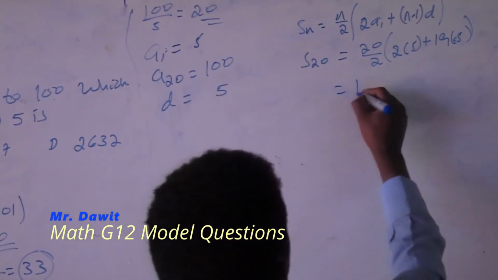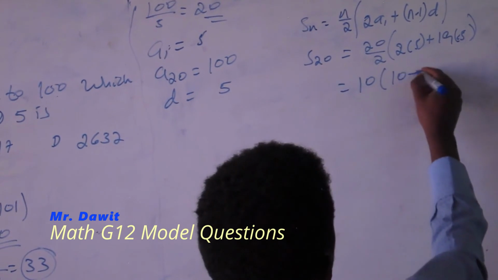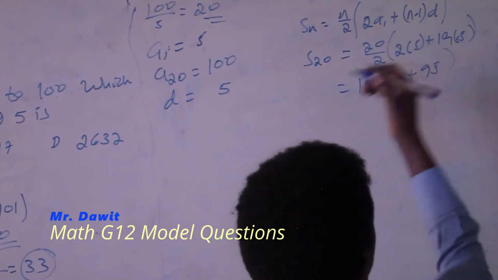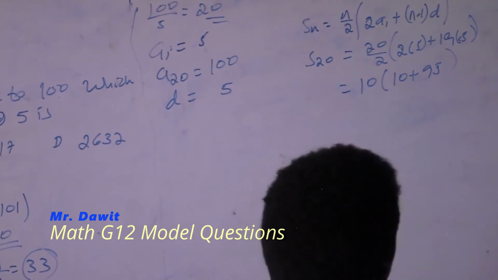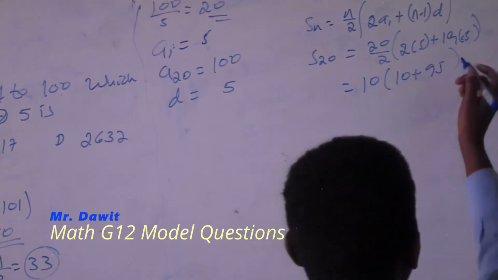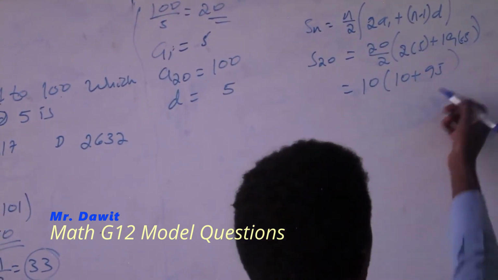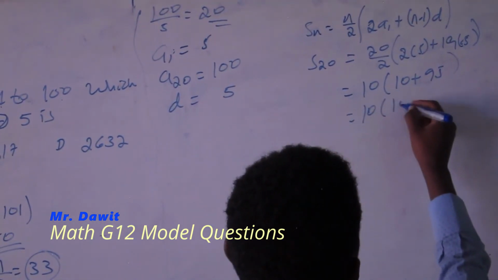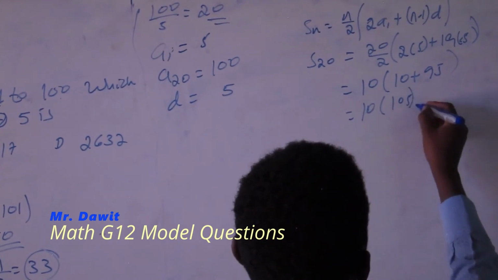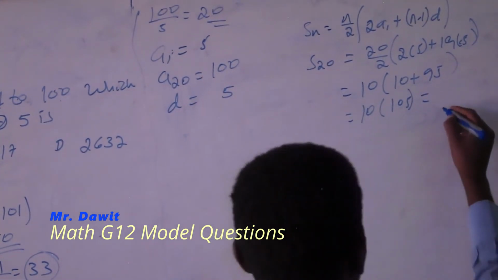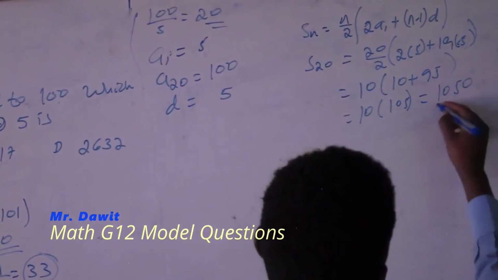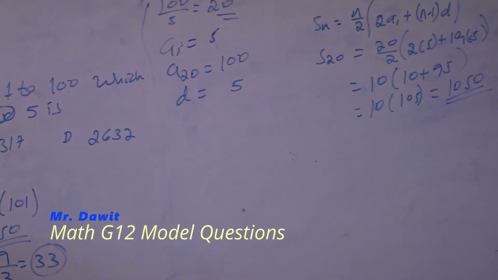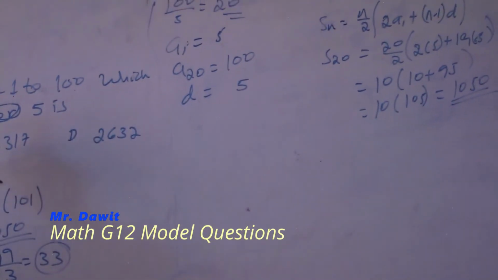So this becomes 10 times (10 plus 19 times 5, which is 95). So 10 plus 95 is 105, so it becomes 10 times 105, which is equal to 1050.